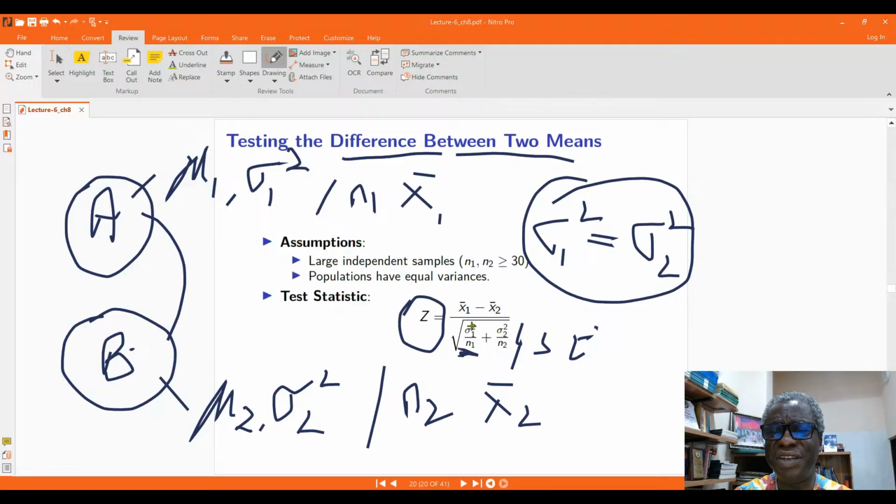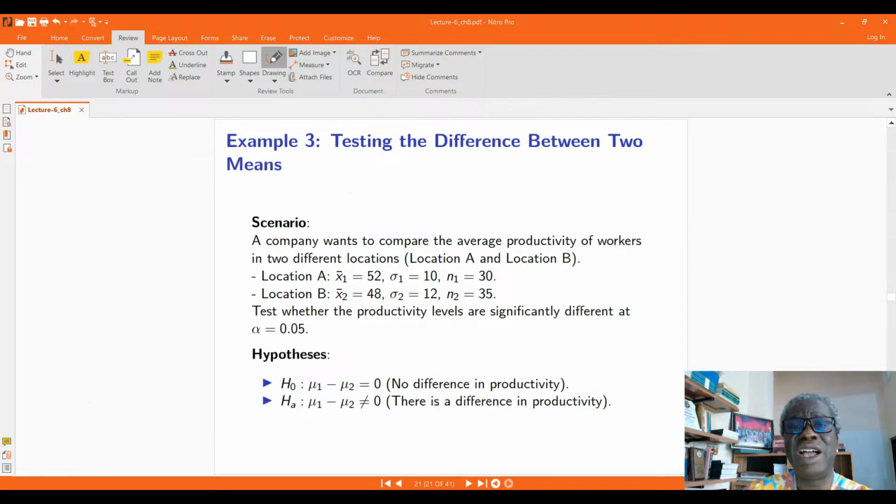So this is the variance of the population 1 and the sample from the population 1, plus the variance of the population 2 divided by the sample size from the population 2. So let's take an example to be able to apply this formula.